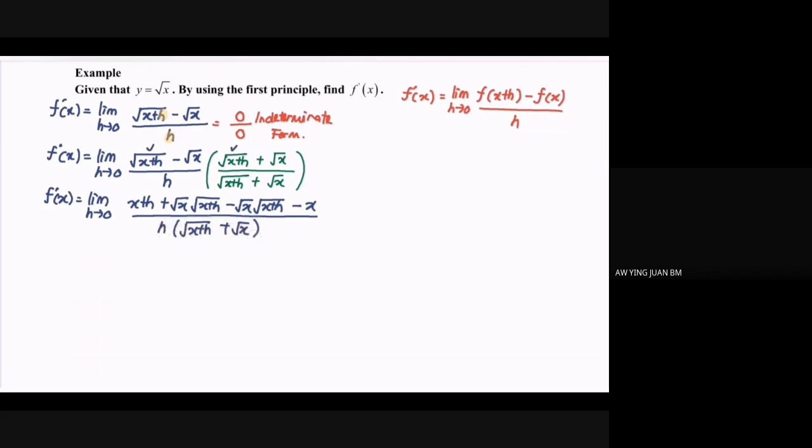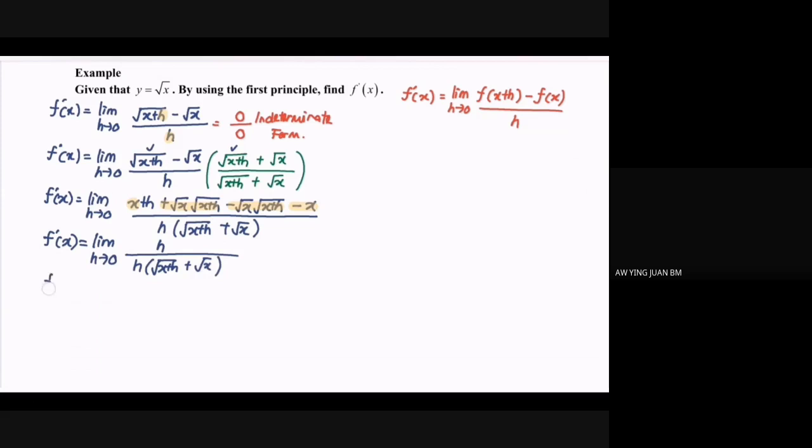Next, what we're going to do is to simplify the situation, and we have x minus x, we obtain 0. So finally, we have f prime x is equals to limits when h approaching 0, h for the numerator over h bracket square root of x plus h plus square root of x.